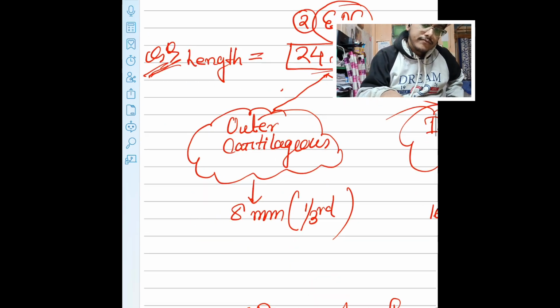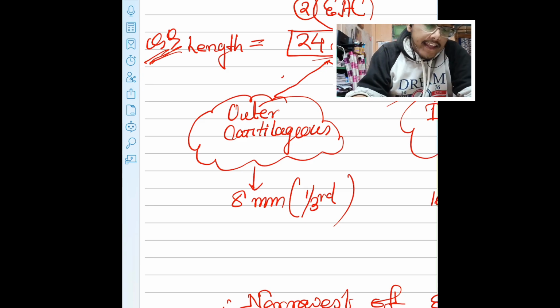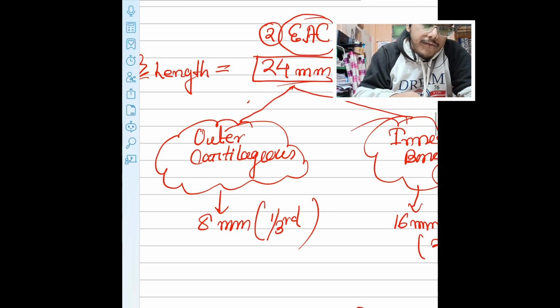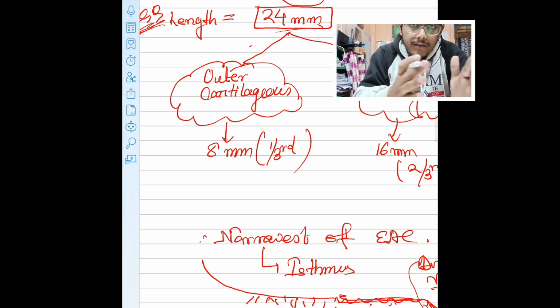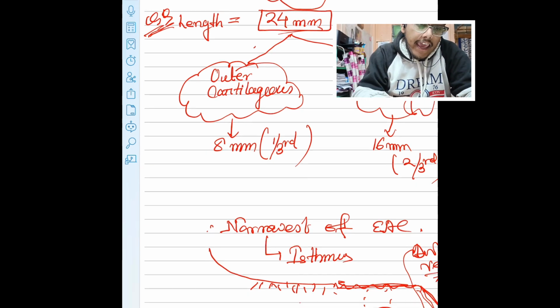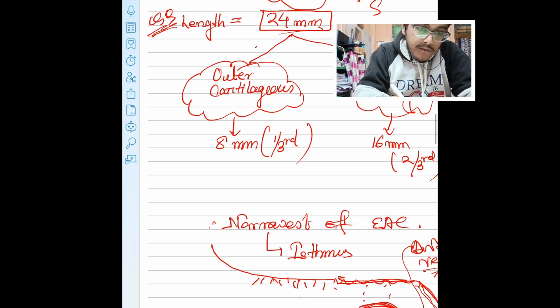Coming to the next component of the external ear, that is the EAC, external auditory canal. The length of the external auditory canal is 24 mm. That is an exam question. This 24 mm is the total length of the EAC, and it's S-shaped. It's not a straight canal.